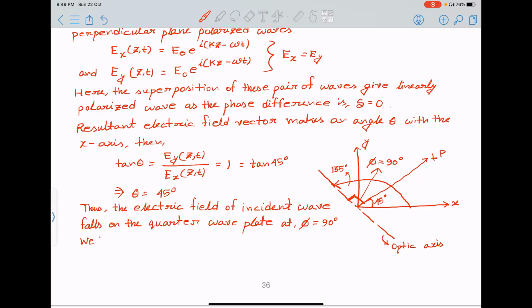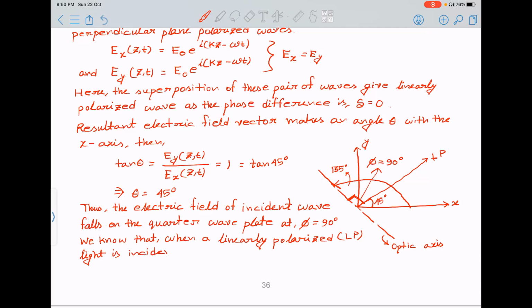So we know that when linearly polarized, which I have just mentioned as LP, light is incident on the quarter wave plate with oscillation perpendicular to the optic axis, it emerges out with the same polarization.